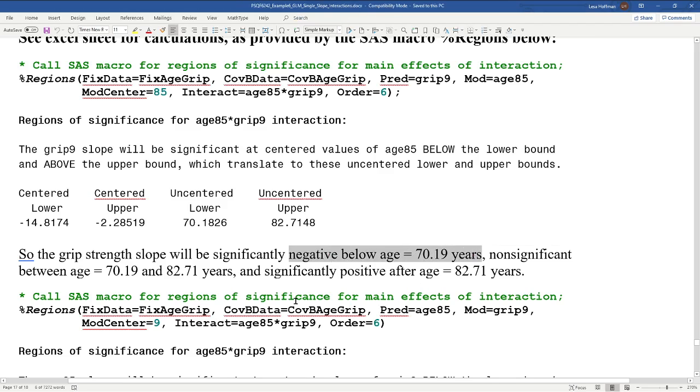So there are no people in this sample for whom the grip strength slope is predicted to be significantly negative. I think in Chapter 2, I report that there's about half of the people in the sample that fall into this range, where the grip strength slope would be non-significantly positive, and the other half fall into this range, where it would be significantly positive. So for half the sample, grip strength matters in a positive fashion.